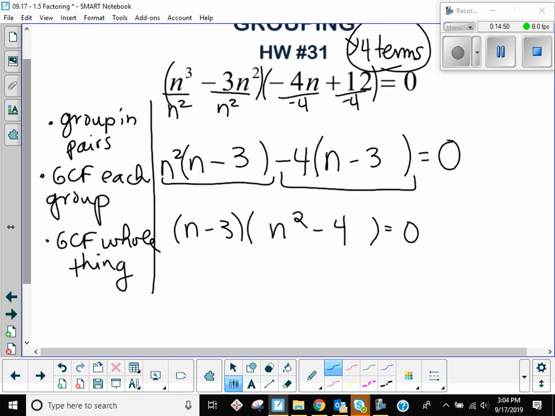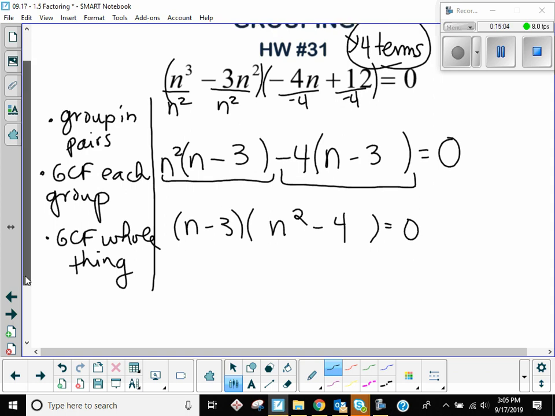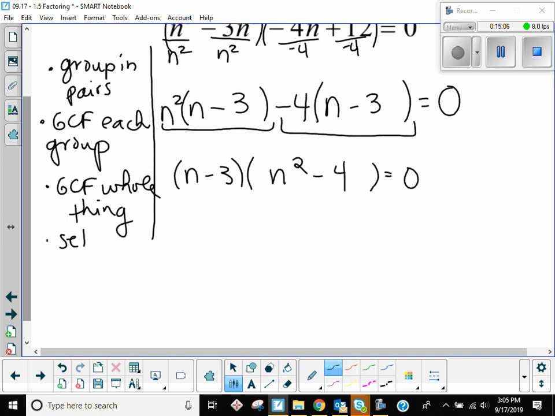Now I'm in factored form because I have two things being multiplied. This is a factor. This is my A spot from the beginning of the notes. This is a factor. That's my B spot from the beginning of the notes. So now we set those factors equal to 0 and solve.